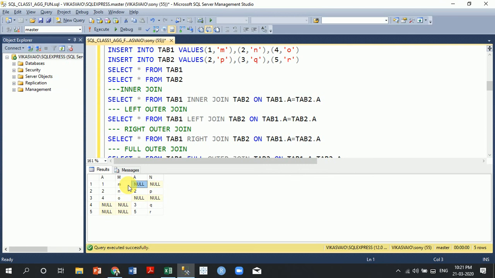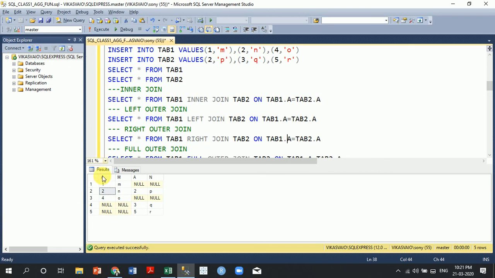Now talking about 2n, yes, for this the matching condition is that the value of column A from table 1 should be equal to the value of column A from table 2.